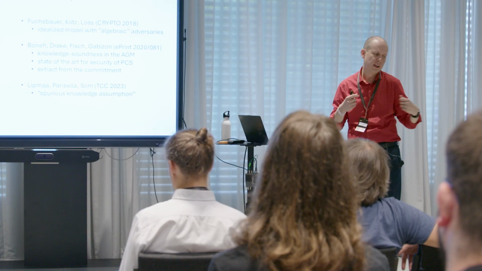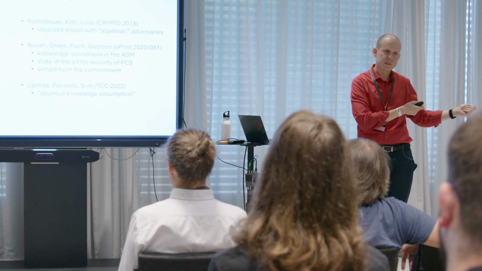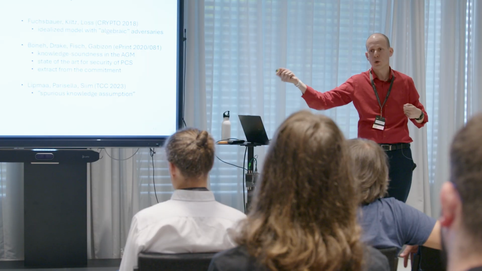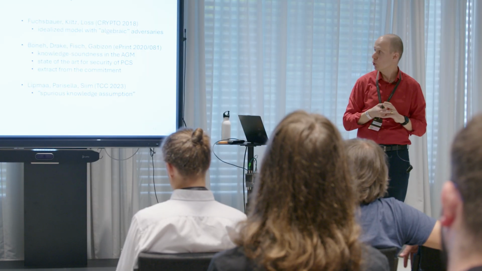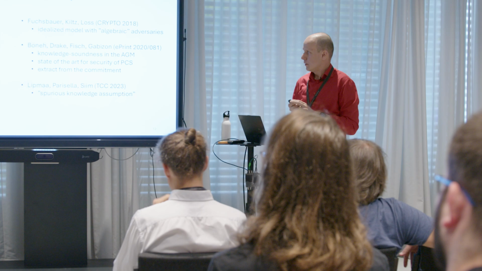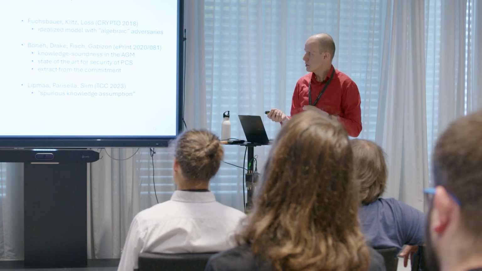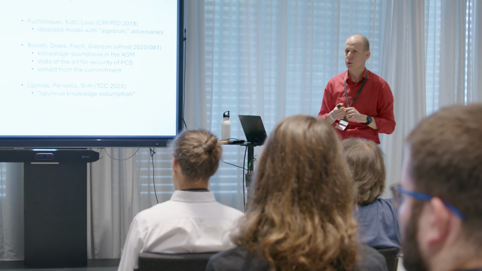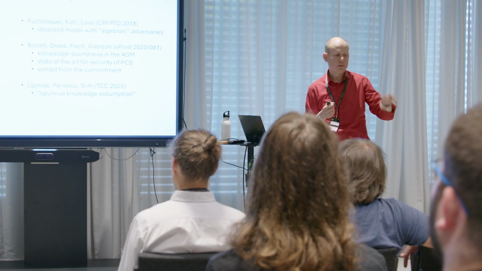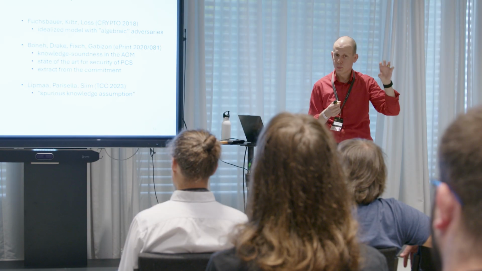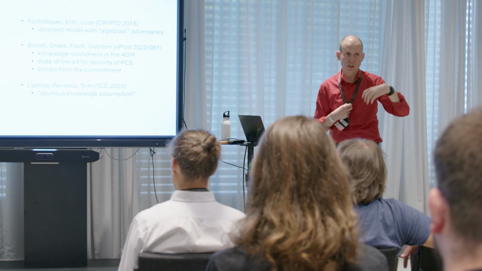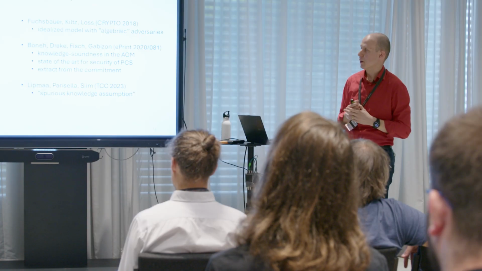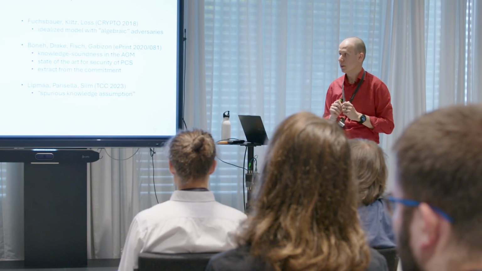What that means is, it got on input some group elements, it produces new group elements, and it says exactly how this group element was computed out of the input group elements. Various papers, I think the first one was Boneh, Drake, Fisch, and Gabizon in this ePrint note on how to batch KZG, defined a notion of knowledge soundness for polynomial commitments in the AGM and started proving that various polynomial commitment schemes are knowledge sound in the AGM.